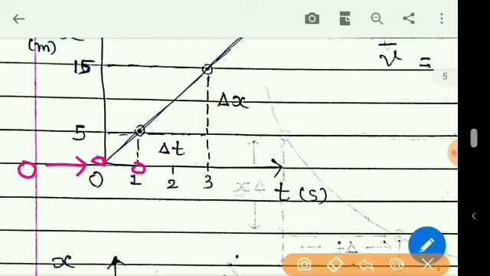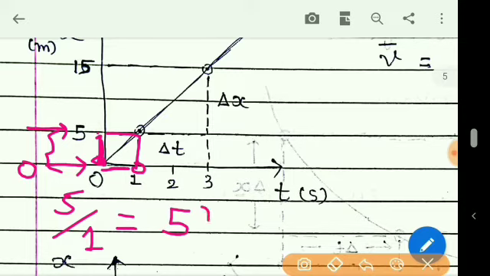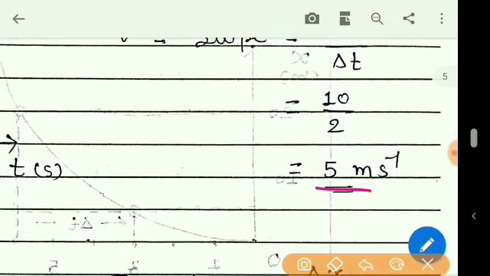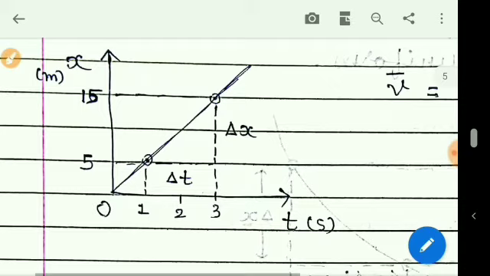So it is 0 meter. And what is the position at 1 second? It is 5 meter. So what is difference here for delta x from 0 to 5? It is 5 meter. And what is difference of time from 0 to 1? It is 1 second. So 5 upon 1, again the answer is 5 meter per second. So students, the answer will be always same for the slope, and that will give you the average velocity.